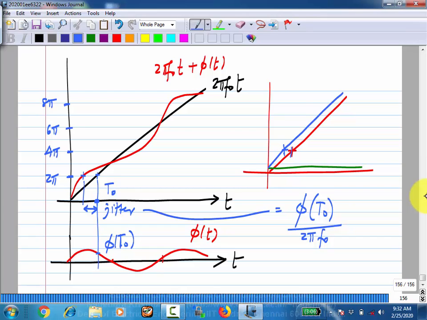Is this clear? So this works only as long as over that interval, which is the jitter, which is the displacement, the phase hasn't changed much. And for small jitter, this works out fine, okay? Because if you have, let's say, 1 picosecond of jitter, your phase hasn't changed all that much by that 1 picosecond. That is the continuous time model of the phase.